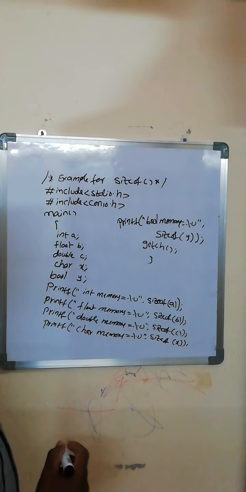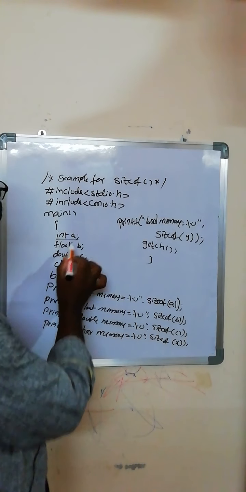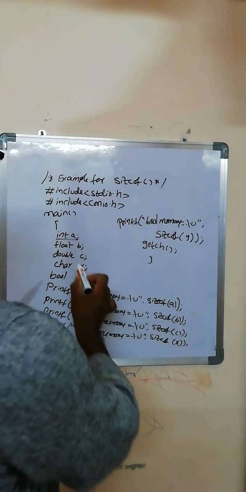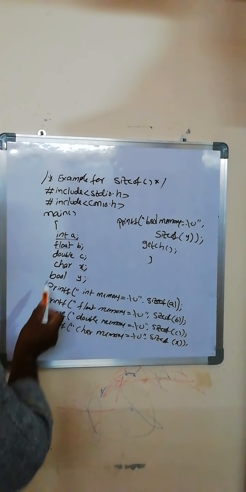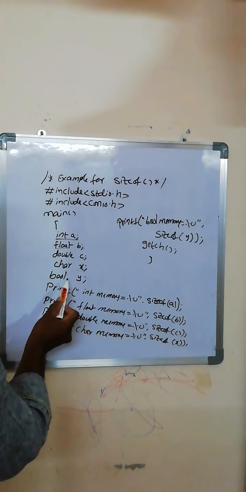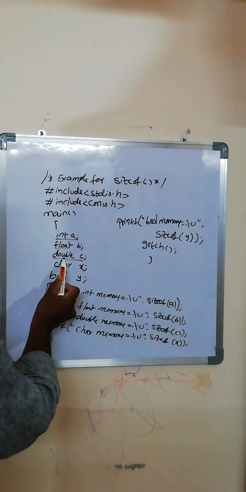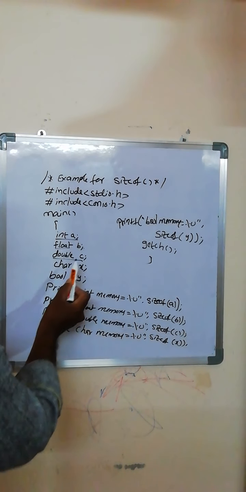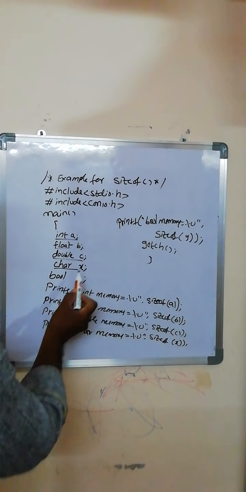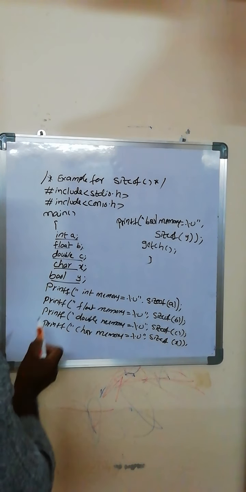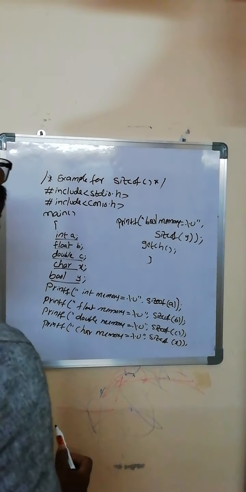In this program, this is the integer keyword int, a is a variable. This is the floating point keyword, float is a keyword, b is a variable. This is the double data type, double is a keyword, c is a variable. This is the character, char is a keyword, x is a variable. This is the boolean, bool is a keyword, y is a variable.